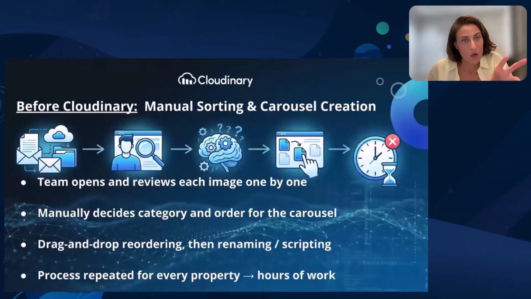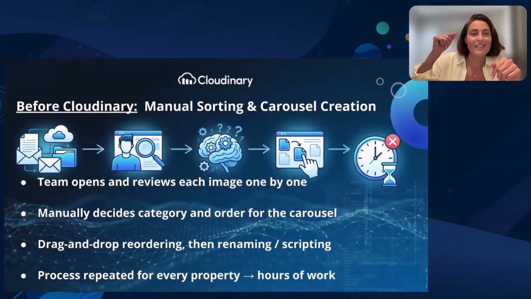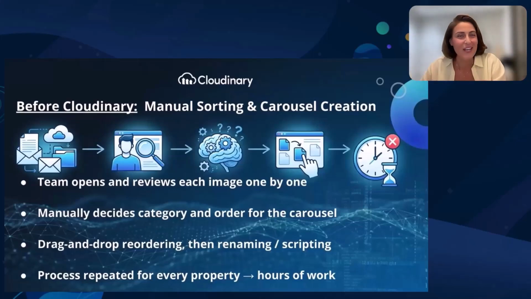So just before we dive into the live demo, this is what happened for those customers before they used Cloudinary Media Flows and AI Vision. The team used to receive huge batches of images from their partners, from hotels, via email or via shared folders. They actually opened each image on the computer, decided what it was, like, was it a room, was it a pool, was it a bar?